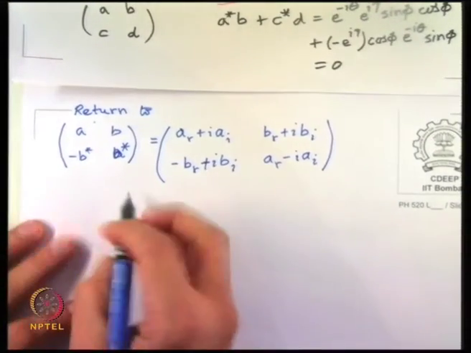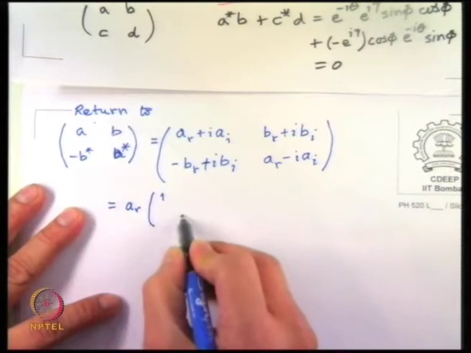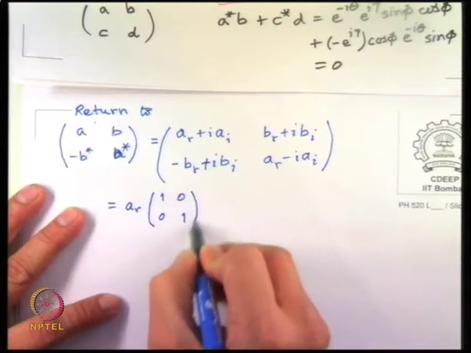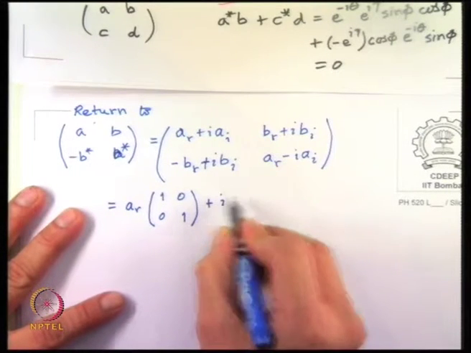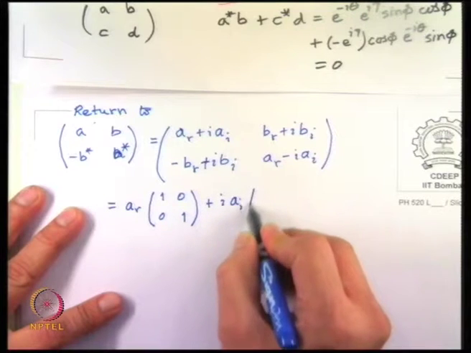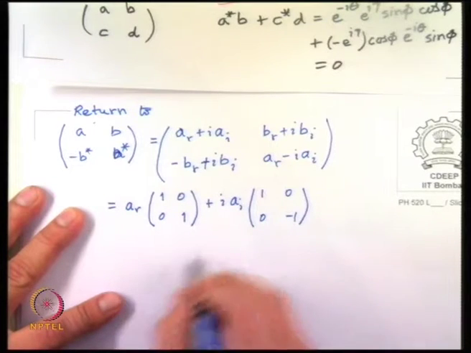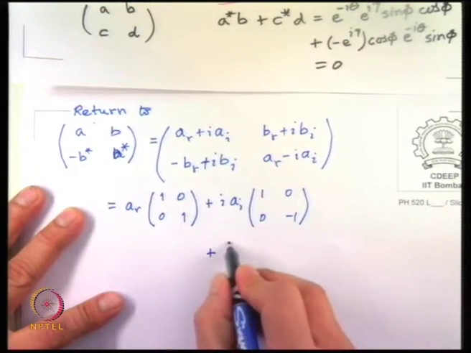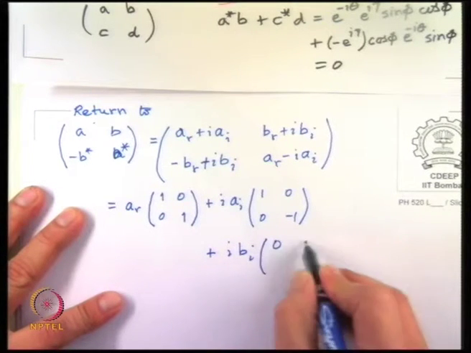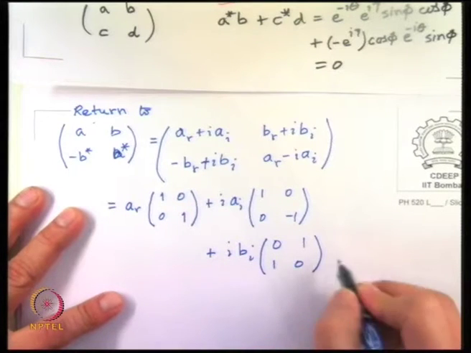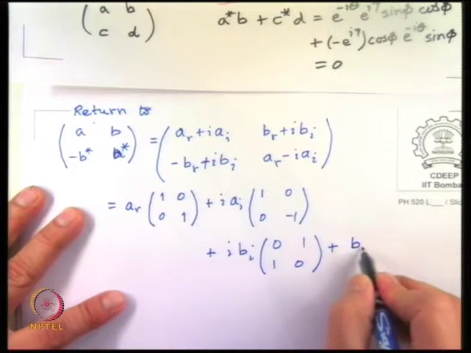This can be split into AR times the 2 by 2 identity matrix plus I times AI times 1, minus 1, plus I times BI times 0 1 1 0, and plus BR, but I pull out an I for good luck.